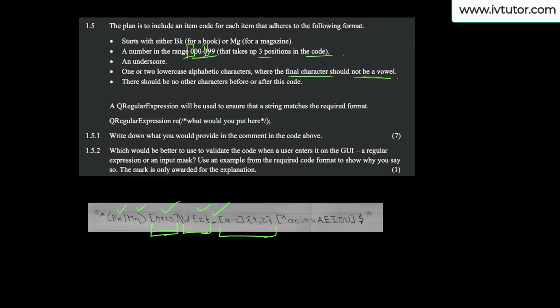Whereas the final character is for these 2 here. So you've got 1 here. You've got 1 character, 2 here. This one here is the one that should not be a vowel. Whereas here you went with 2, A to Z, and then a final character that cannot be a vowel. So now that makes them 3.